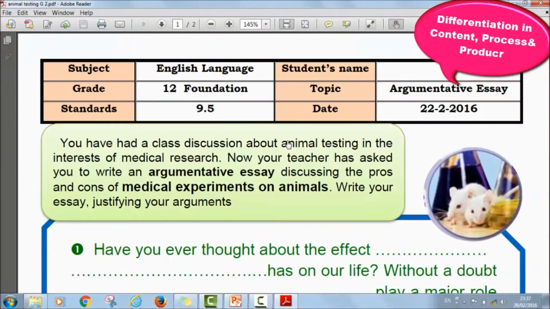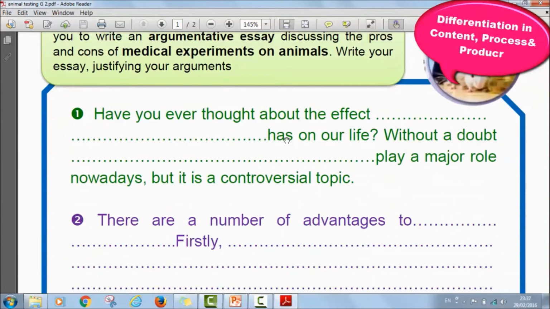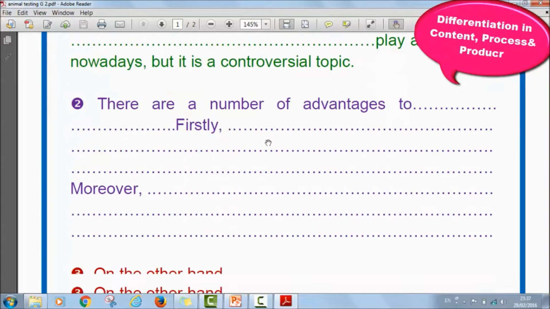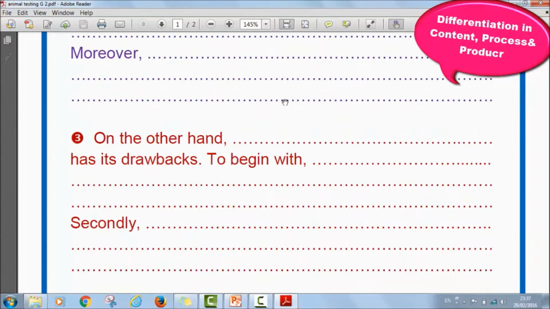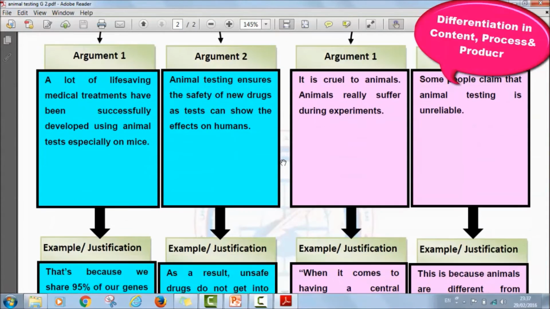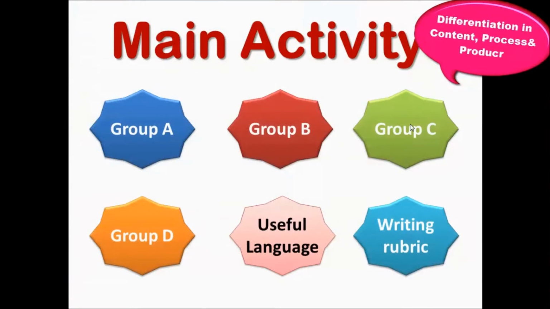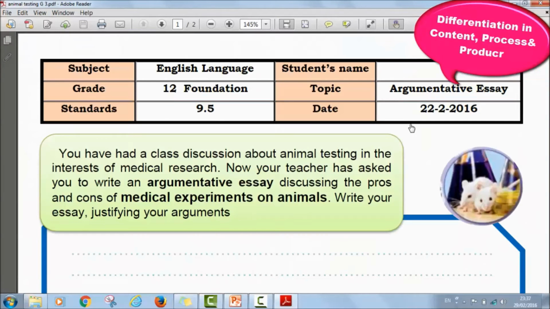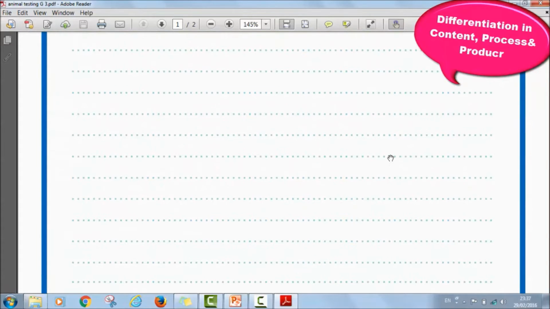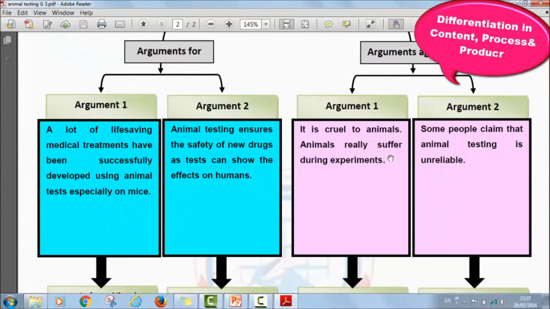My second group was to write an argumentative essay with some aids here: phrases to make an introduction, to introduce the pros and the cons, and to make a conclusion. The planning was filled in for them. Group C, a little bit higher achievers, were not given any aids in the writing, but they were given the planning filled in.